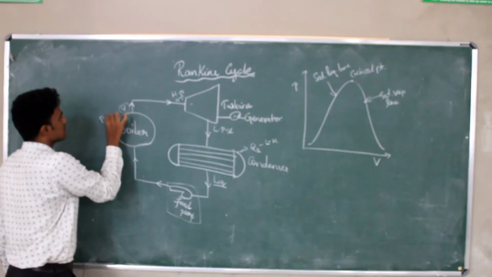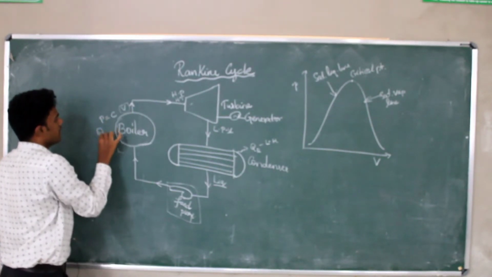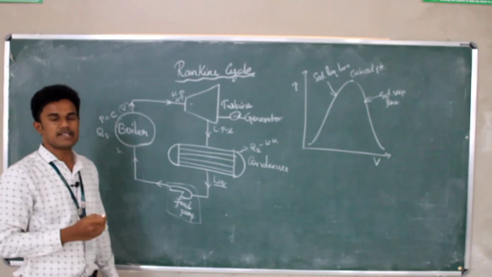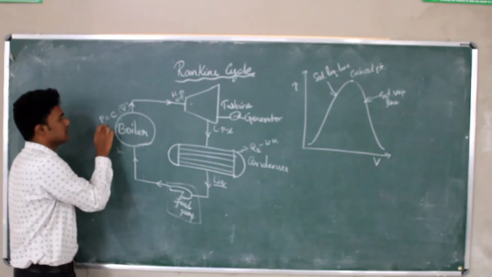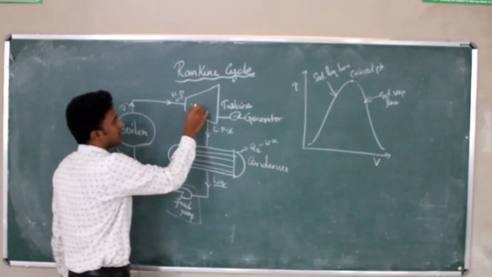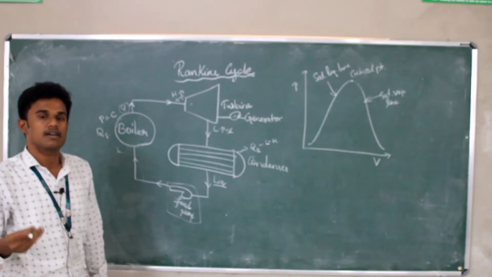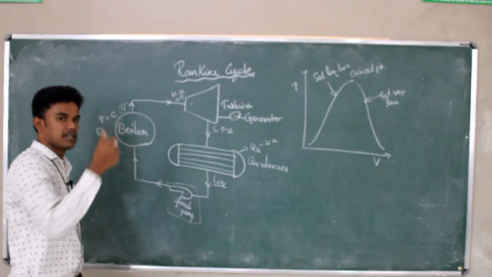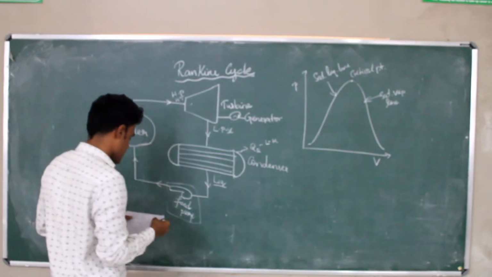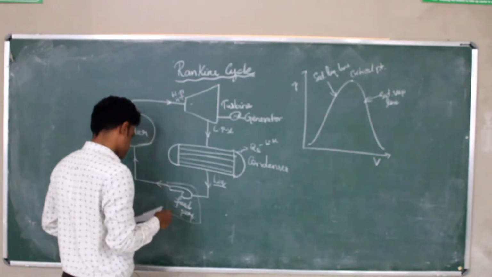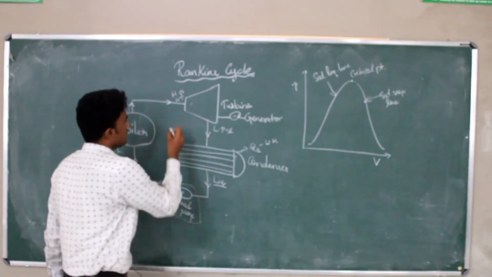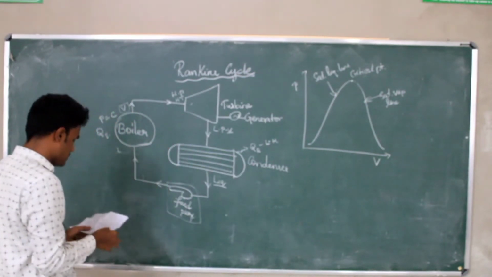Here the pressure is constant and heat is supplied. QS means heat supplied at constant pressure. At the turbine, what happens? The turbine is basically an expansion device where the pressure is reduced. Here it is the isentropic expansion.